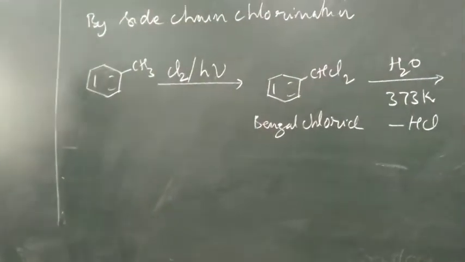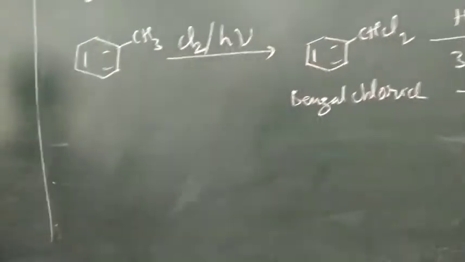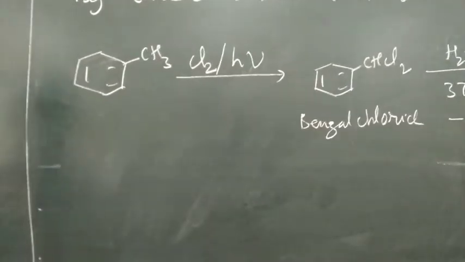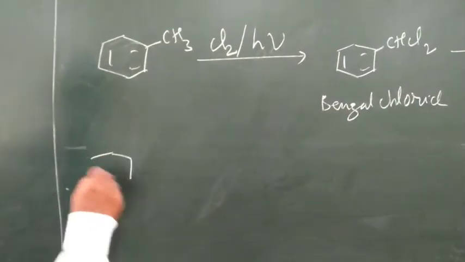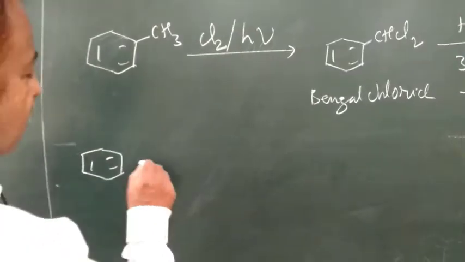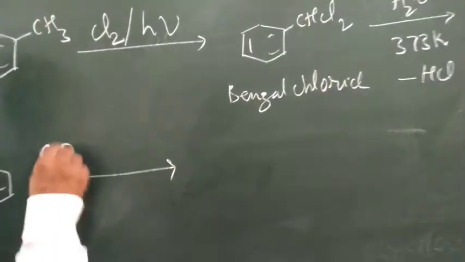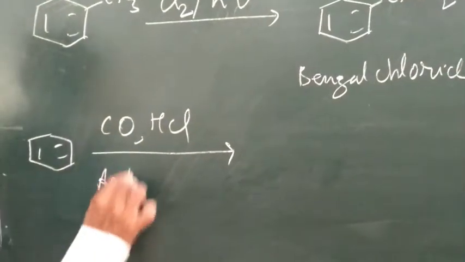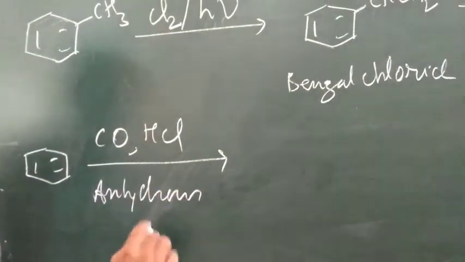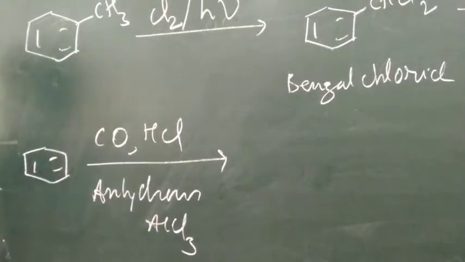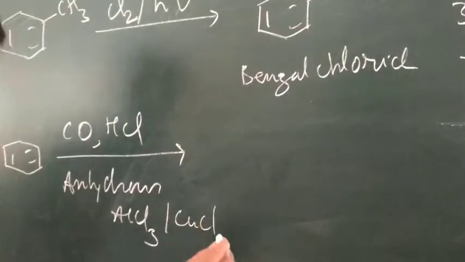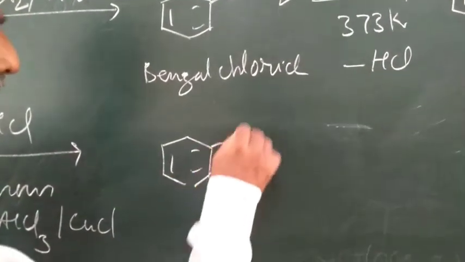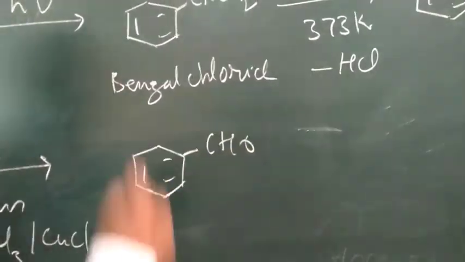In the same manner, we see another reaction. Benzene is treated with carbon monoxide and hydrogen chloride in the presence of anhydrous aluminum chloride or cuprous chloride. We get benzaldehyde, C6H5CHO.